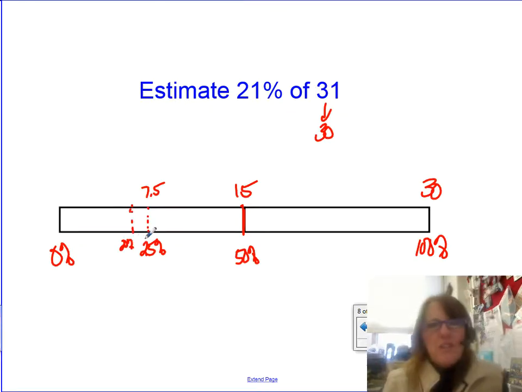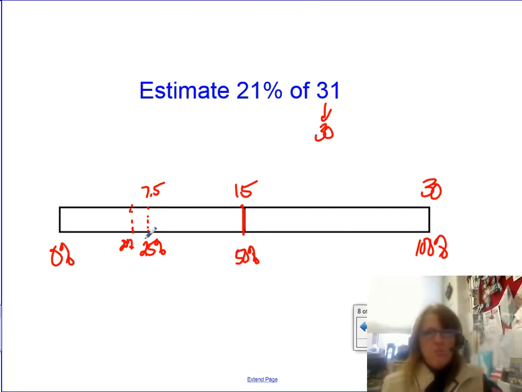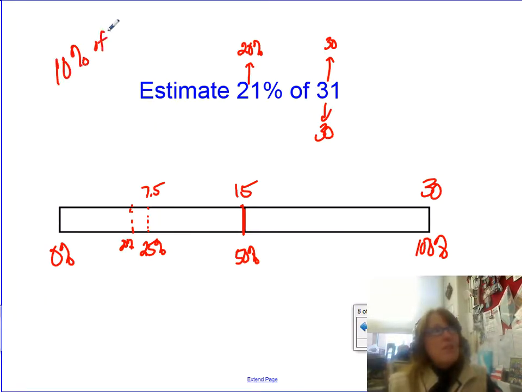So I don't know if I'd tackle this one with this measuring bar. I mean, you could, that's okay. But when I look at this, I'm thinking, hey, 21% is really close to 20% of 30. Maybe I'm not real skilled at doing 20% right now in my head, but I could do 10%, because 10% of 30 is 3.